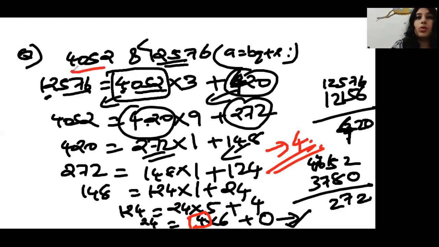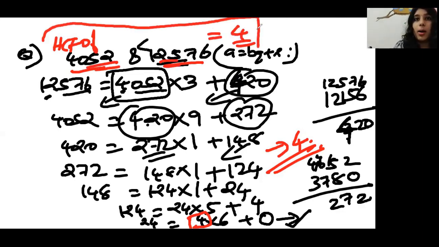So HCF of 4052 and 12576 is 4. In every examination you have to write the conclusion. At the last step you have to write HCF of 4052 and 12576 is equal to 4 and put it in a box. This is the way of answering any exam paper. Clear? Fine.